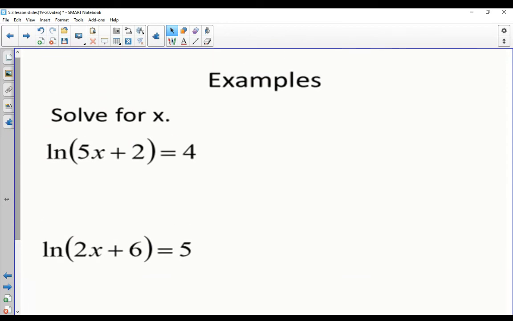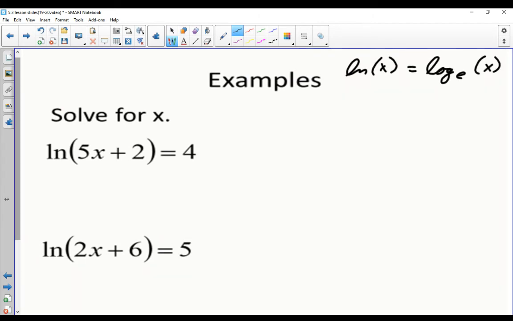Remember how I talked about the natural log is the same thing as the regular log with base e? Well, it turns out we can make this problem a bit easier to solve if we replace this natural log with log base e. And then everything else, the 5x plus 2 and the 4, stays as it is.